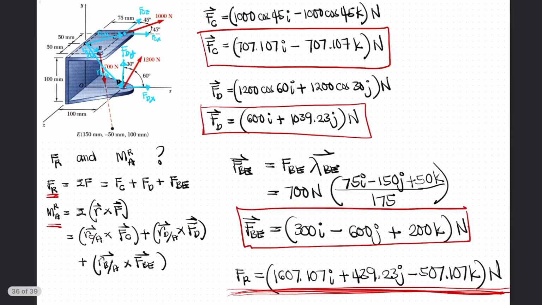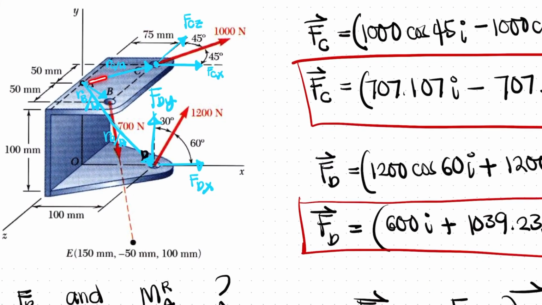Ang RCA, tara, ano siyang RCA? So na siya distance along Z ug along X. So ang RCA na siya X distance nga 75 positive to the right ug negative nga 50 along Z-axis. So plus 75i minus 50k.